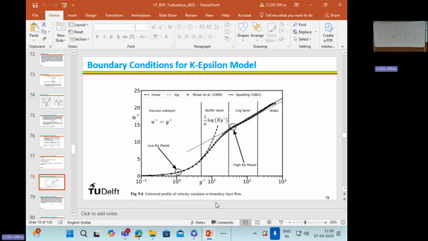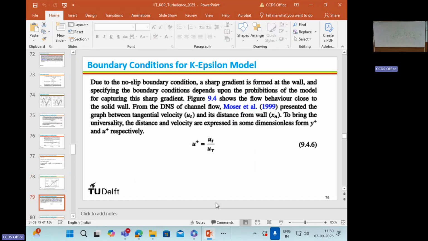Then there is an attempt to find an equivalent fitting in the buffer zone that uniformly describes the flow, because in the buffer zone nothing is defined, right? So then the wall function came into play. Okay, so let's see what the wall function is.